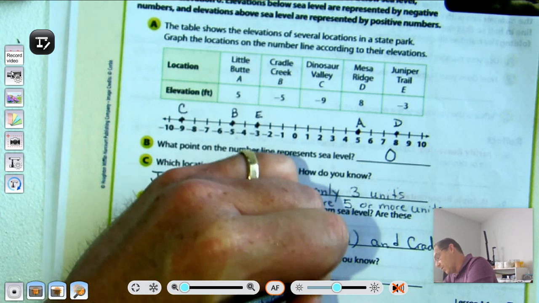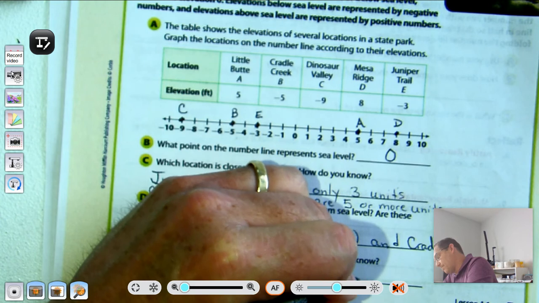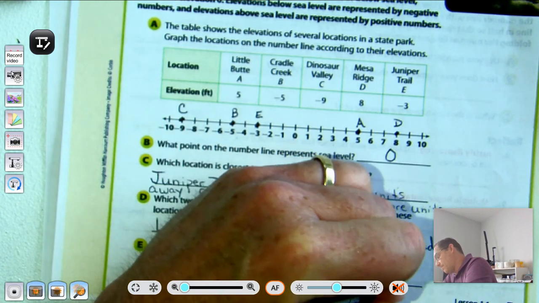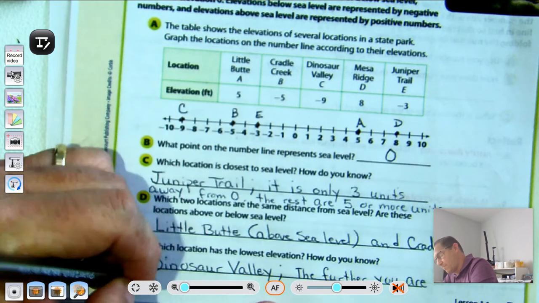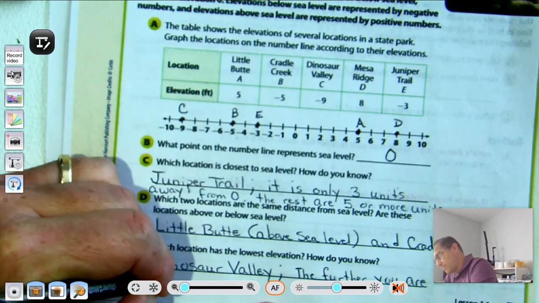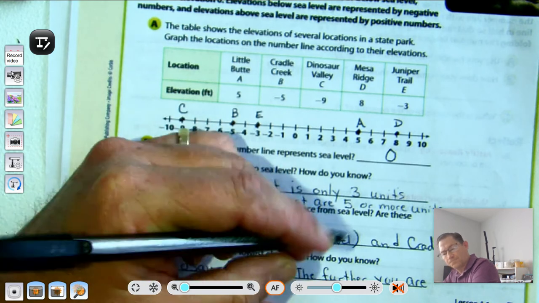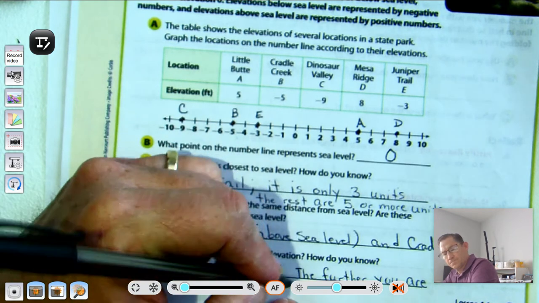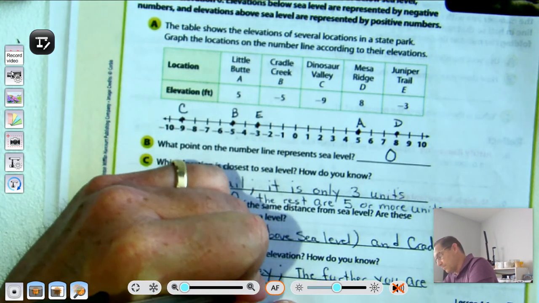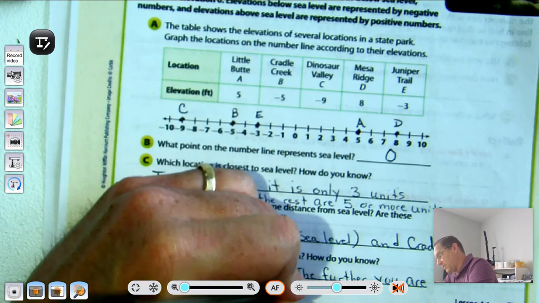So the further you are, the lower your elevation.